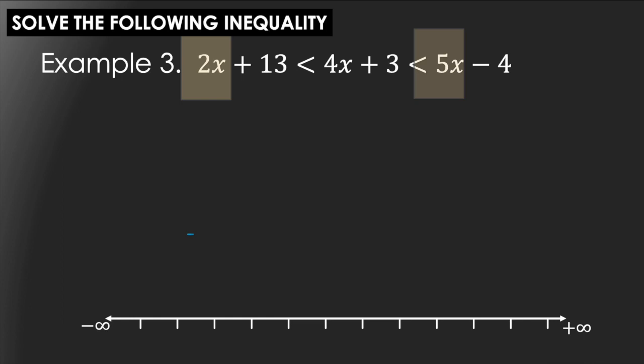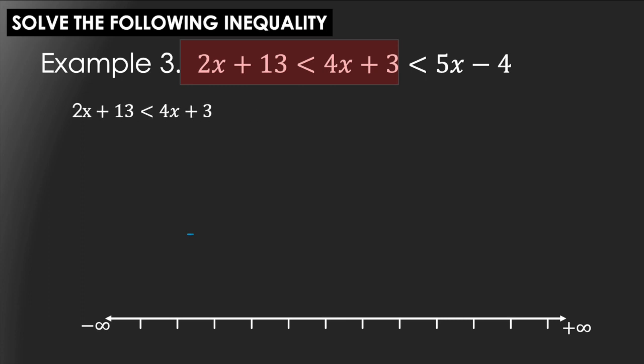So to solve this, we split this inequality into two parts again. The first part is 2x plus 13 less than 4x plus 3, and our second part is 4x plus 3 less than 5x minus 4.